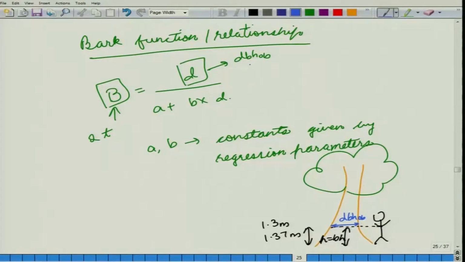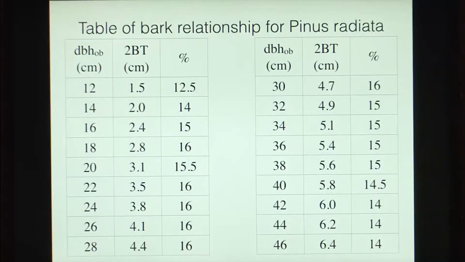So, once you have these readings of DBH over bark, can you get the bark thickness for that particular tree? This is a table of bark relationship for Pinus radiata. Here you can see in the first column we have diameter at breast height over bark.